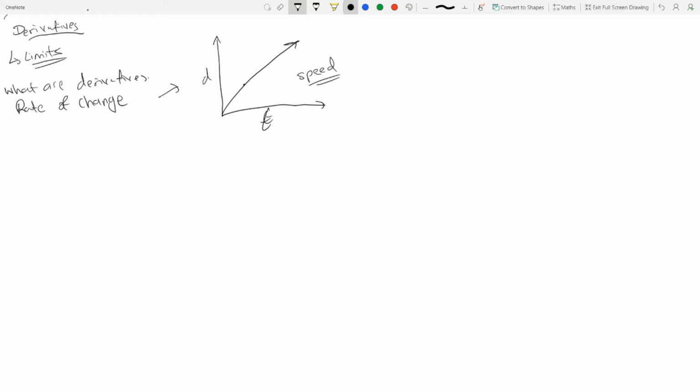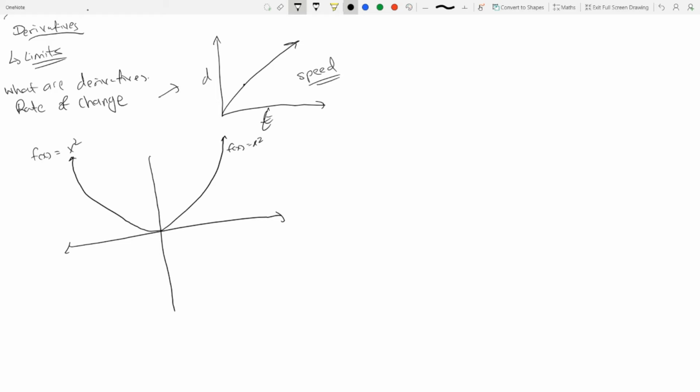For example, let's look at when f of x equals x squared. All right, so let's graph this. So let's say it goes something like this. Okay, that's f of x equals x squared.